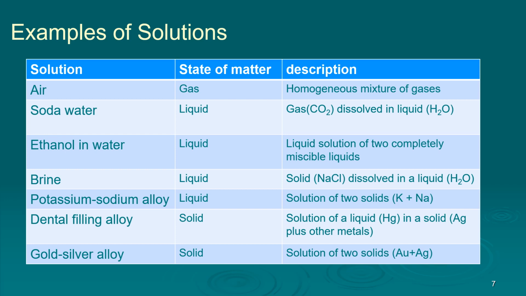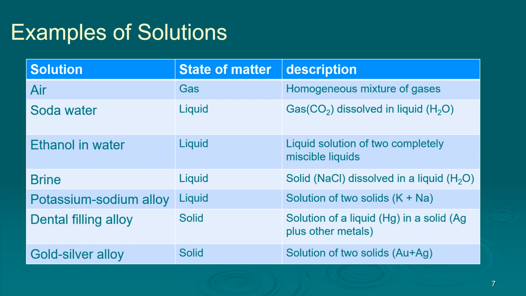A gold-silver alloy is a solution of two solids, silver and gold, and this time the solution is solid. Jewelry is usually an alloy of gold and silver, because pure gold is too soft to use in jewelry. Anyway, you can have different solutions made up of different states of matter.